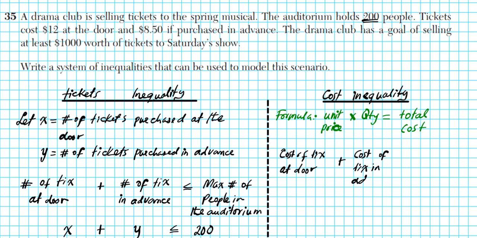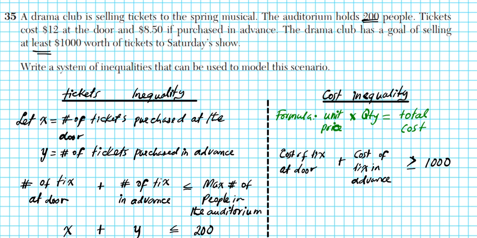If you combine them together, they want to have at least $1,000 worth, okay? Nothing less. This income generated has to be greater than or equal to 1,000. Their goal is to hit $1,000 or more. Okay, so the combined revenue from selling tickets at the door and selling tickets in advance should be $1,000 or more. That's why we have this inequality.